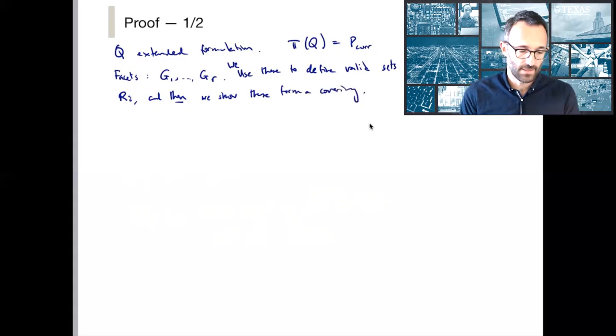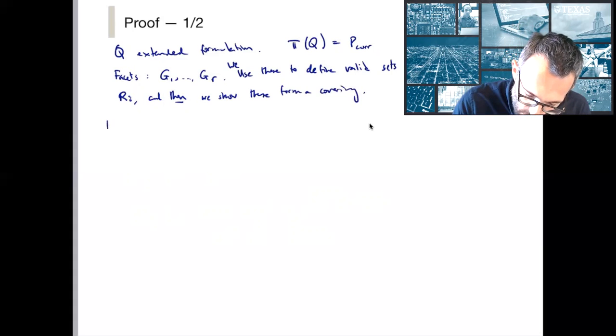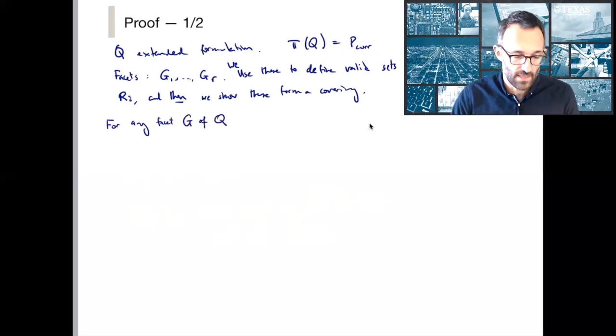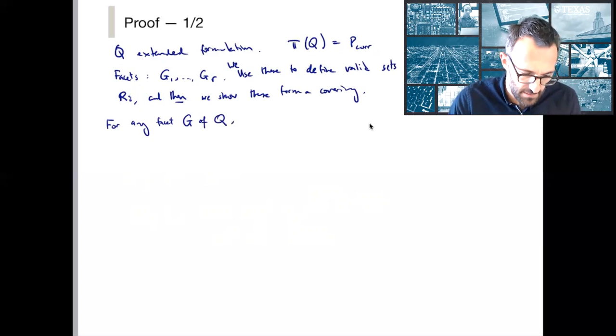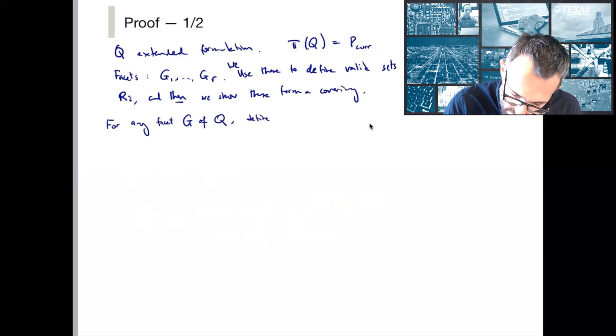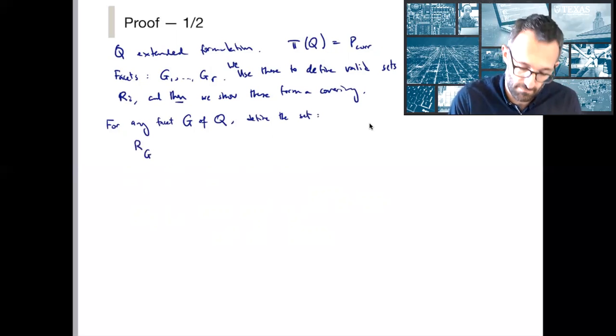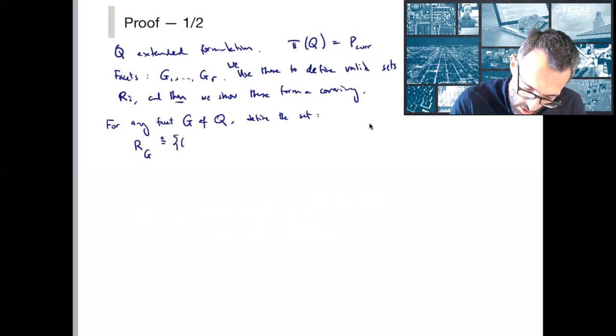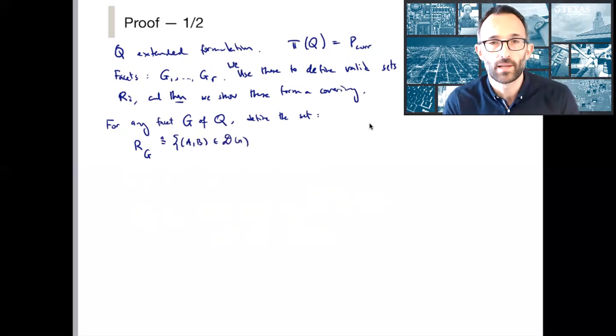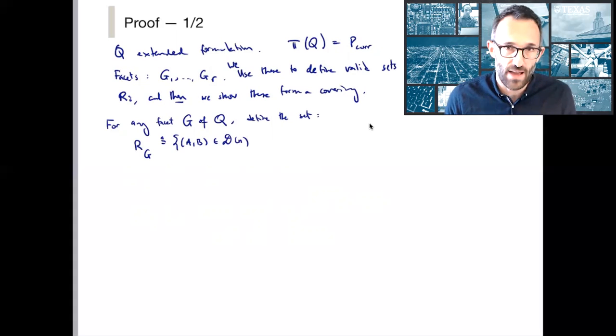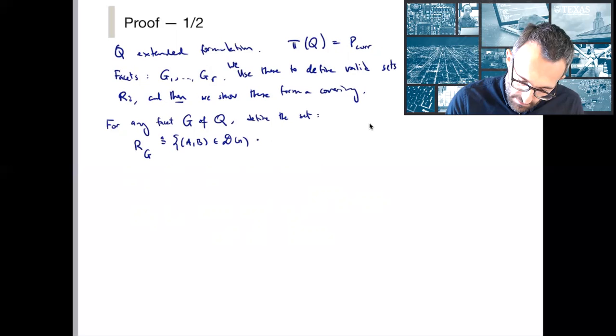Okay, so this is the idea. For any facet G of Q, the extended formulation, define the set R sub G to be all pairs A, B that are disjoint, in other words, that are the ones that we want to cover. Remember, we're going to build a covering here. This is our valid covering. Such that two properties hold.